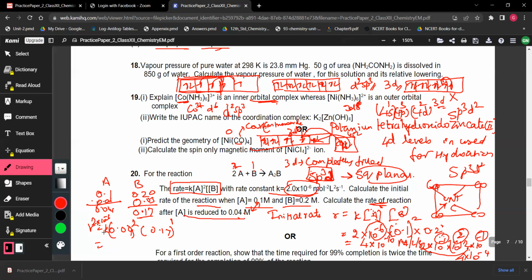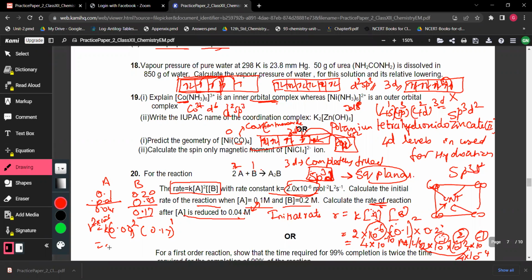So for the new rate, we should always understand that the rate will decrease with respect to time. So the value of the new rate should be lesser, because the concentrations keep on decreasing, A concentration and B concentration both.